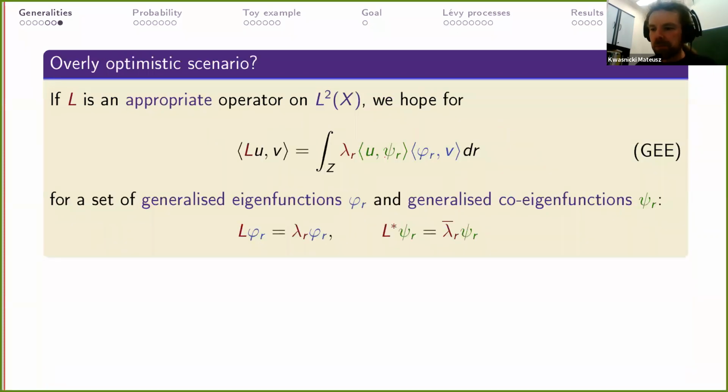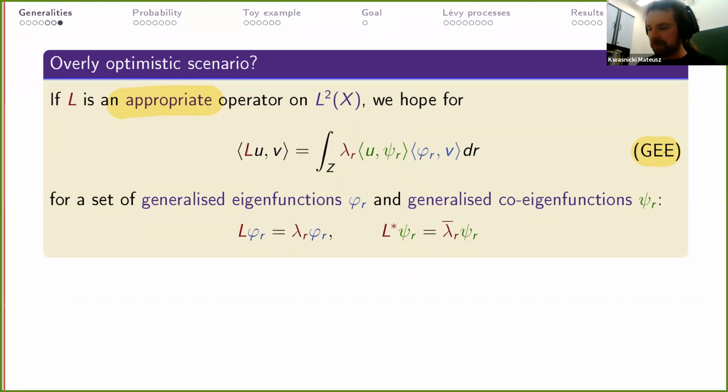But something we would really hope for would be as follows. If we have an appropriate class of operators on the L2 space, we might expect that we have a generalized eigenfunction expansion, GE in short, in a very similar form as before. So it's a kind of mixture of the discrete case from the non-symmetric matrices and the continuous case from the self-adjoint operators.